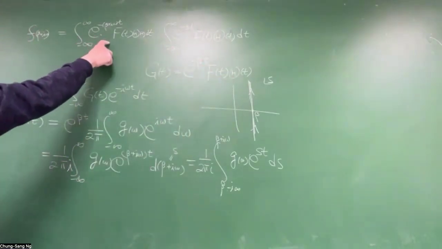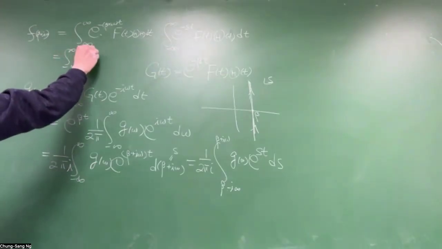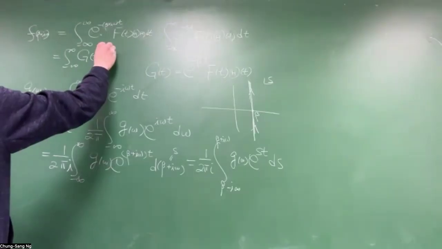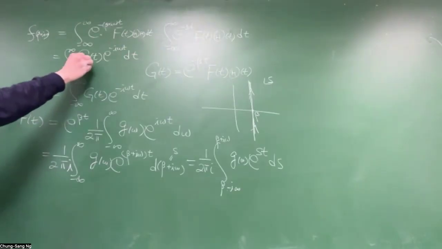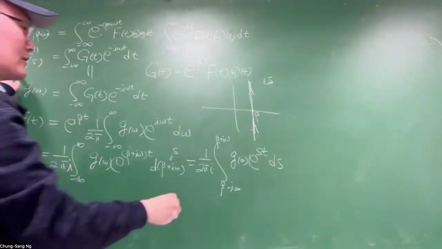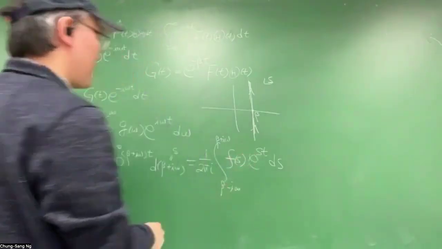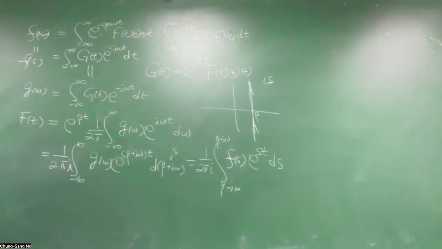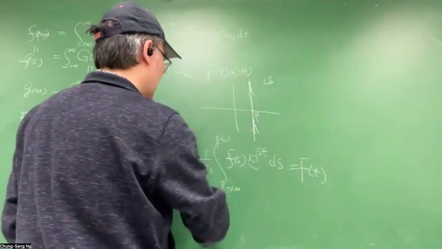This is exactly this one, e to the minus i omega t. So G(omega) is F(beta plus i omega). So we can change it back. Okay, so that is the formula. This integral is the formula.